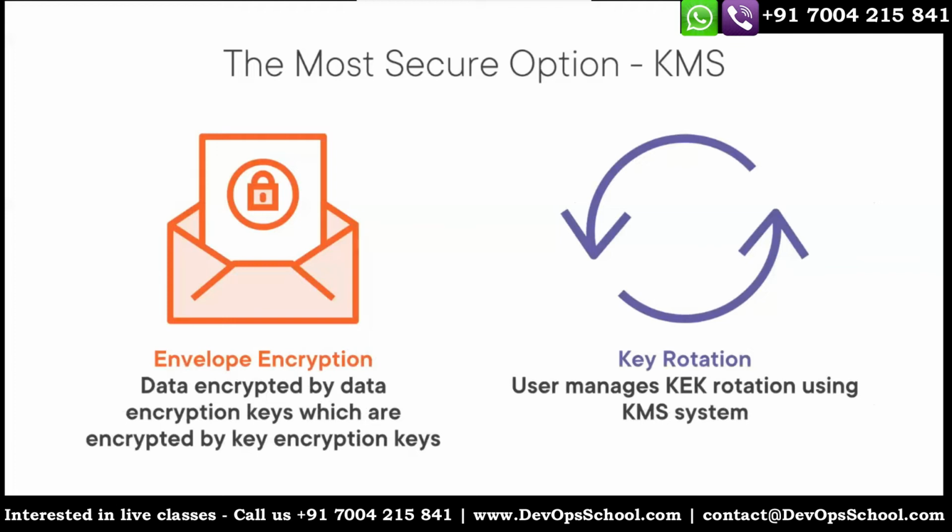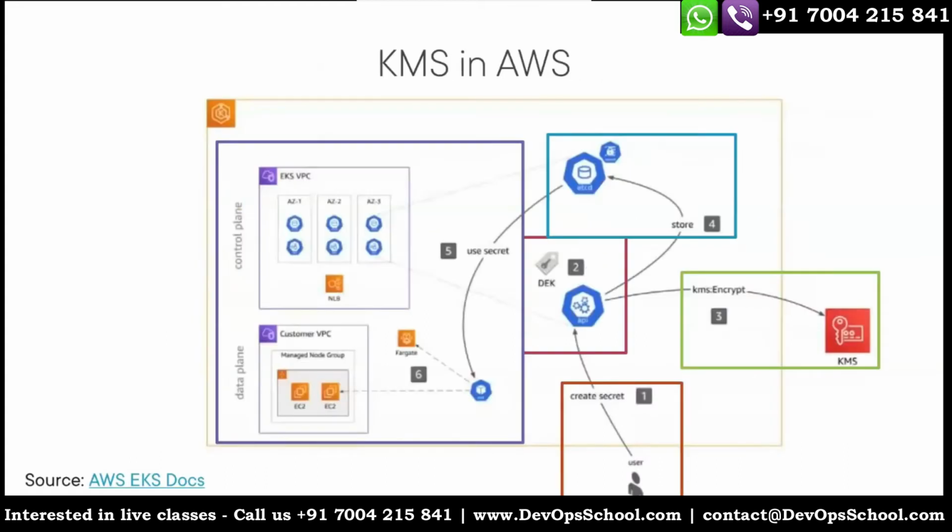Also, you can follow a process where you keep rotating the encryption and decryption keys, and you can set the policies for that in a KMS, which means AWS Key Management Service, AWS KMS. There you can set data encryption by data keys which are encrypted by encryption keys, and a rotation schedule, and all this you can also do.